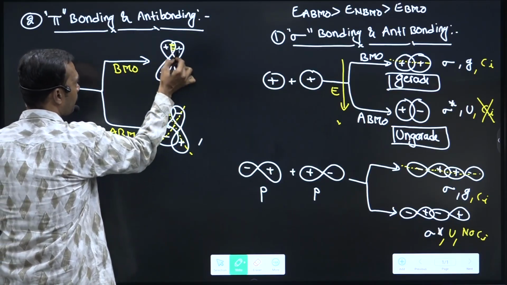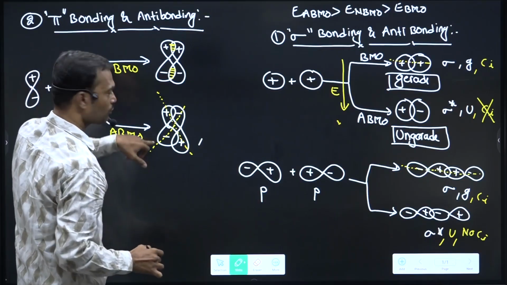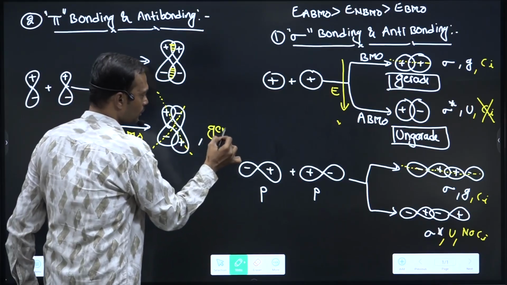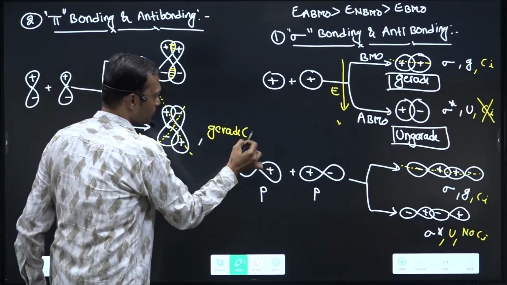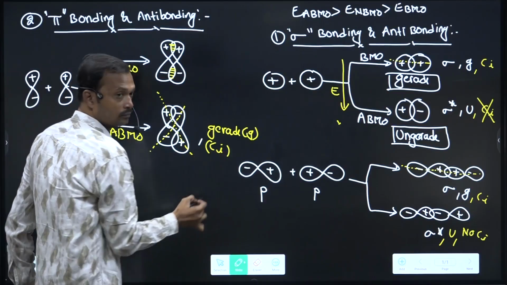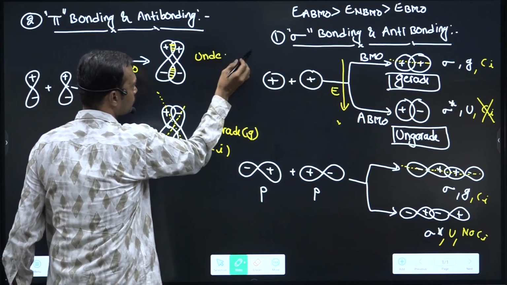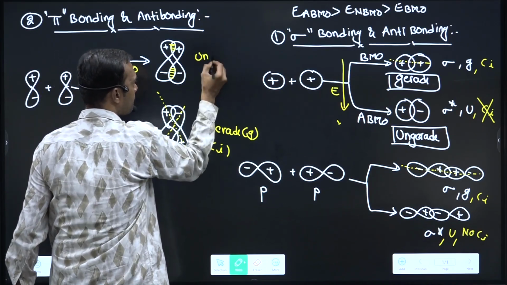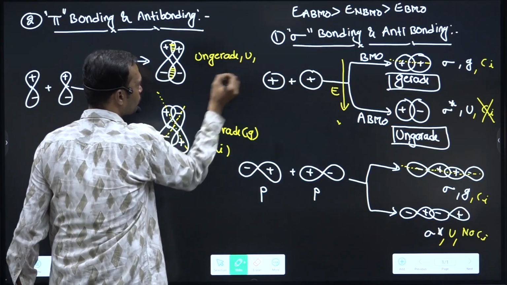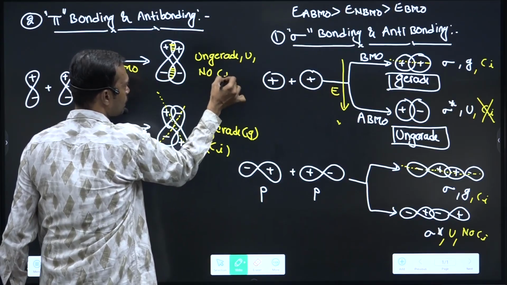Same sign overlap is BMO, so bonding, and this is anti-bonding. Whenever it is anti-bonding, we can say gerade, so there is a presence of center of inversion. What about here? This is ungerade, represented by u. So here no Ci; we can't write Ci here. Center of symmetry is absent.